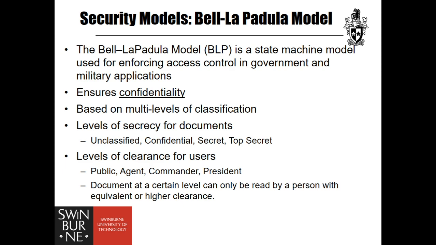How about the Bell-LaPadula model? It's a state machine model used for enforcing access control in government and military applications. It ensures confidentiality, based on multi-level classification. It has levels of secrecy for documents. It also has levels of clearance for users.